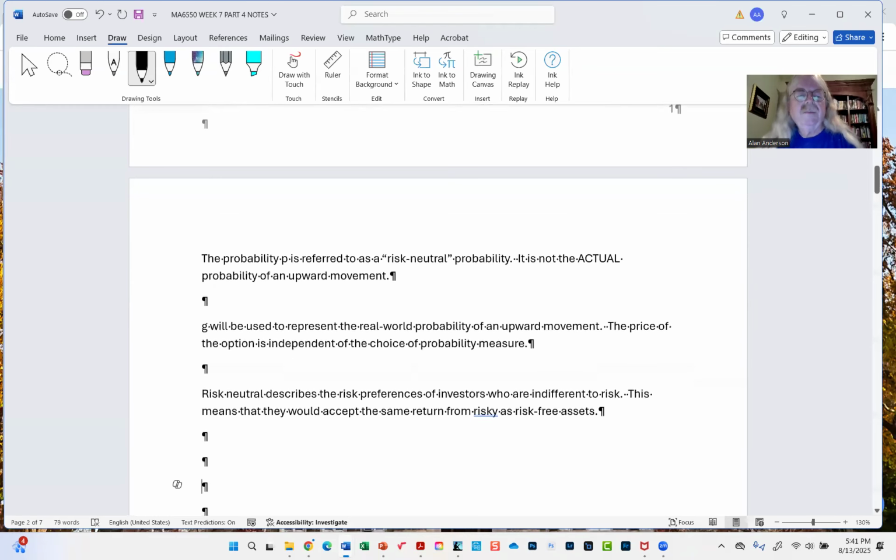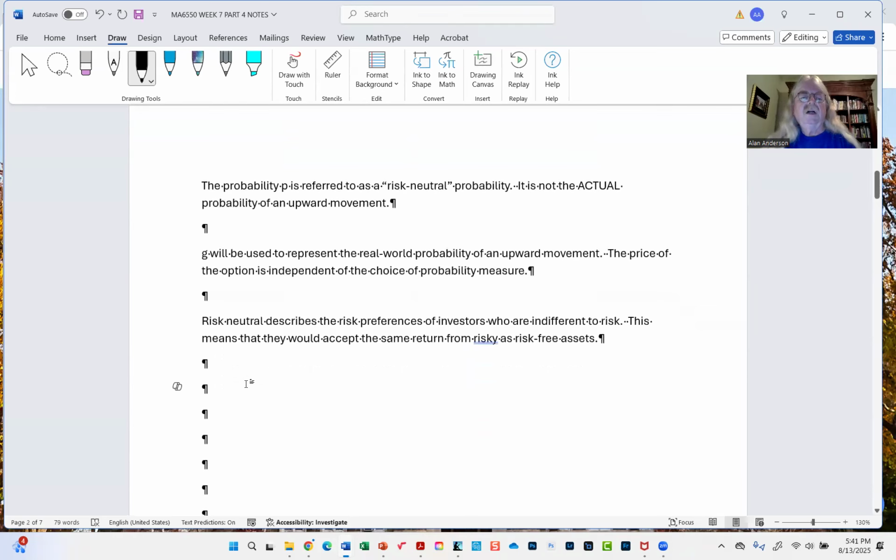Okay, so in other words, imagine the following situation. Suppose that a 30-year treasury bond has a yield of, let's say, 4%.